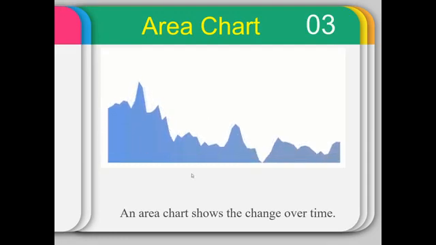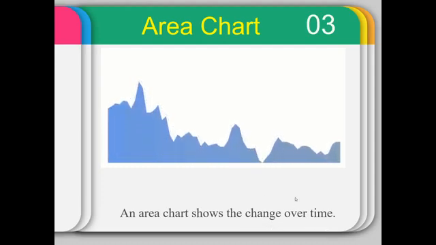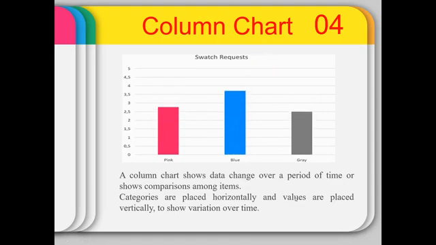An area chart shows the change over time. Column charts show data change over a period of time or show comparison among items.